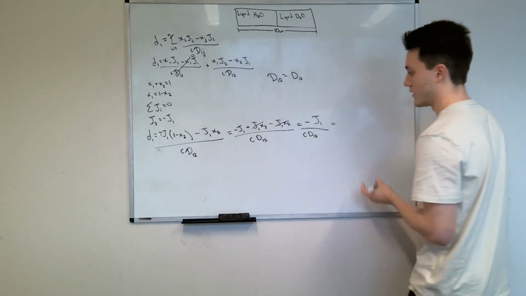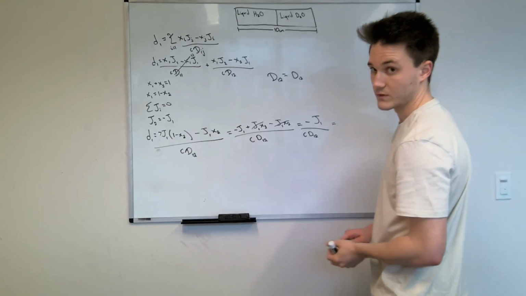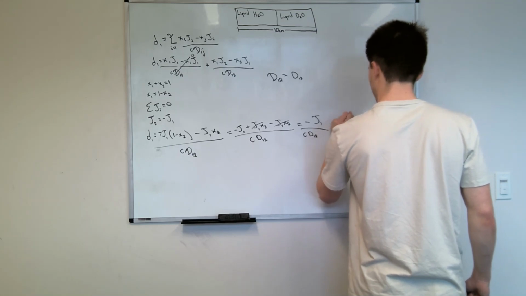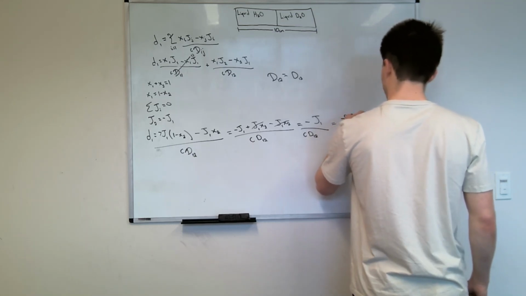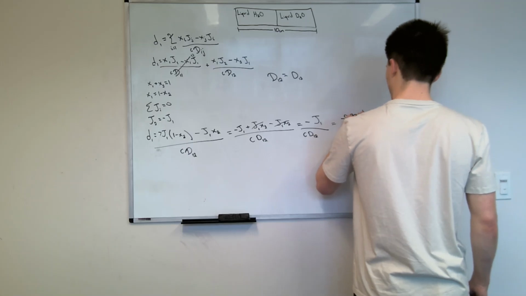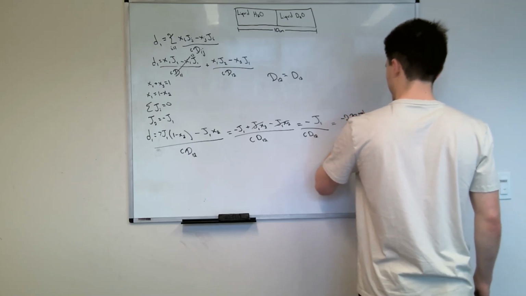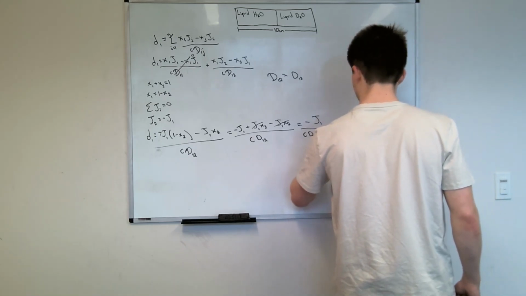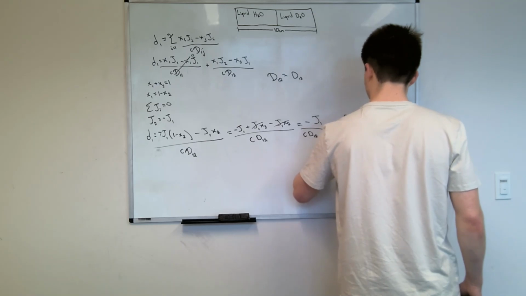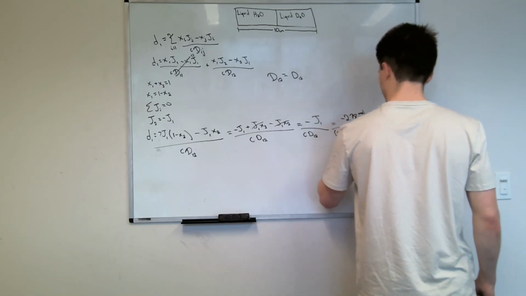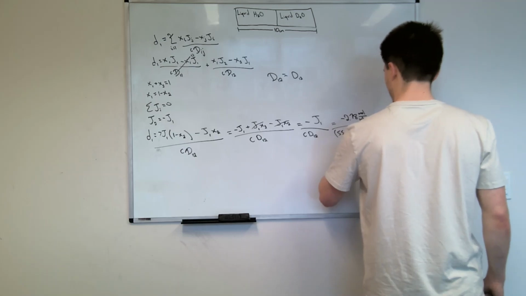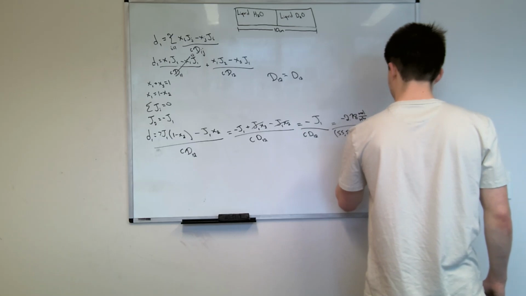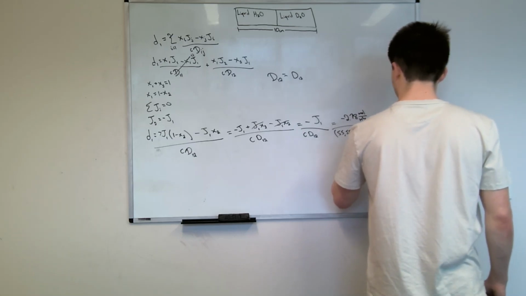And since we were given a molar diffusive flux of, say, H2O, we know that that is 2.78 moles per meter squared per second, over the concentration of water, which is 55,555 moles per cubic meter, multiplied by the diffusion coefficient for liquid, which is 10 to the negative 9 meters squared per second.